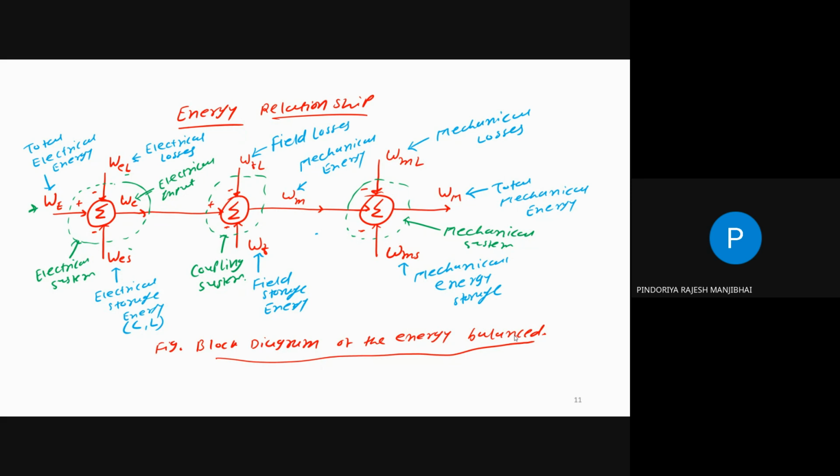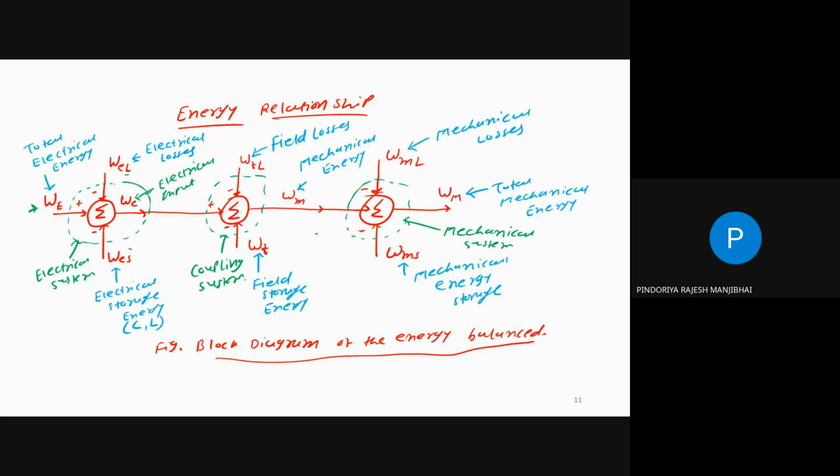Okay. So how can we write the equation for this diagram? We have to write the equation for this diagram. So we can write equation number 1: WE equal to WEL plus WE plus WES.